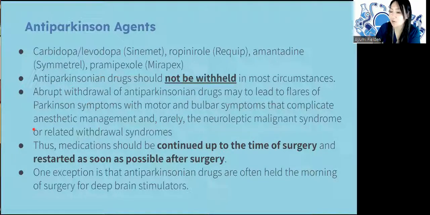So they might work with the patient to reduce the dose or taper before surgery. And if they didn't taper and continued the medication, the first thing they're going to ask in the PACU is, guess what? Can I take my anti-Parkinson medication? So make sure you give that dose in the PACU. Okay.